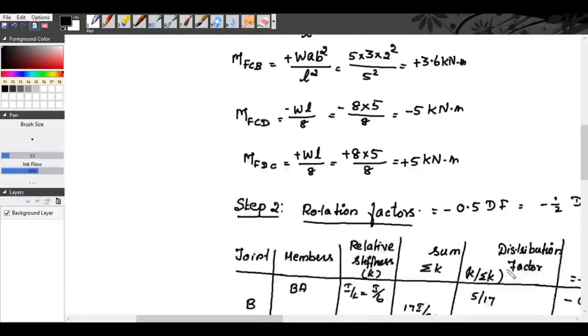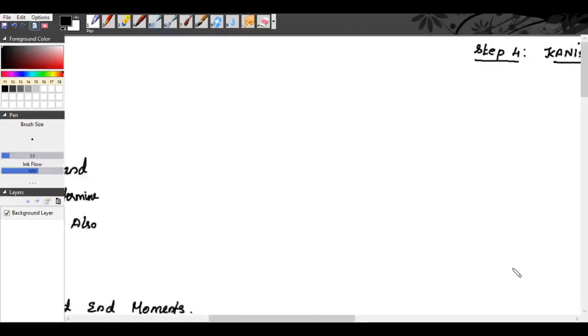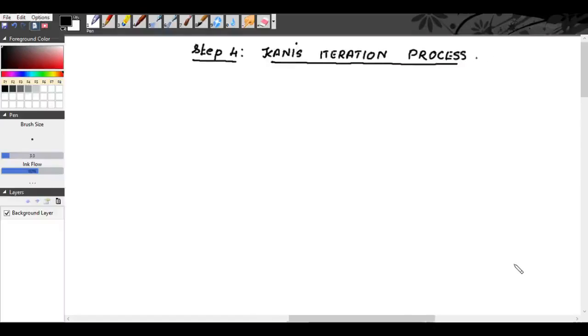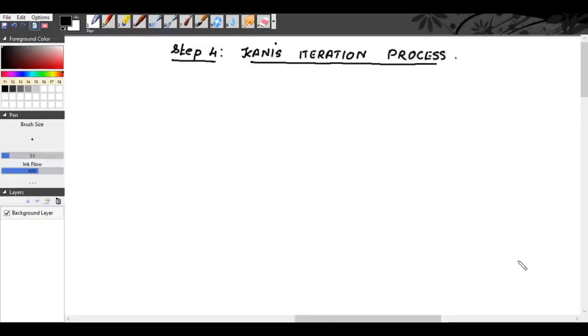Now our step 4, we will draw our Kani's diagram. Step 4 is the Kani's iteration process. We have studied the procedure in the last class in detail, the theory part. For every intermediate joint, we will have a small box and a bigger box.